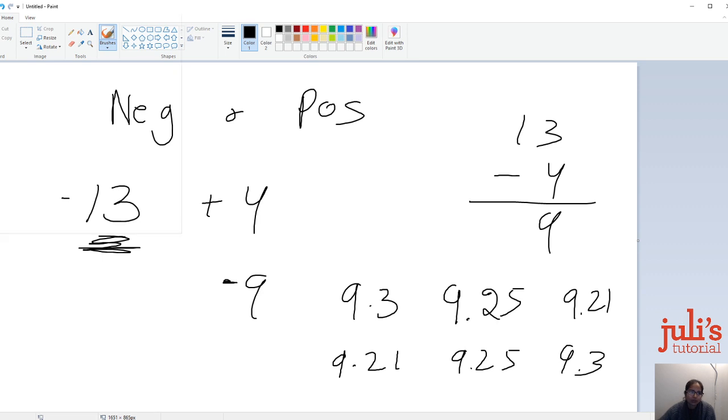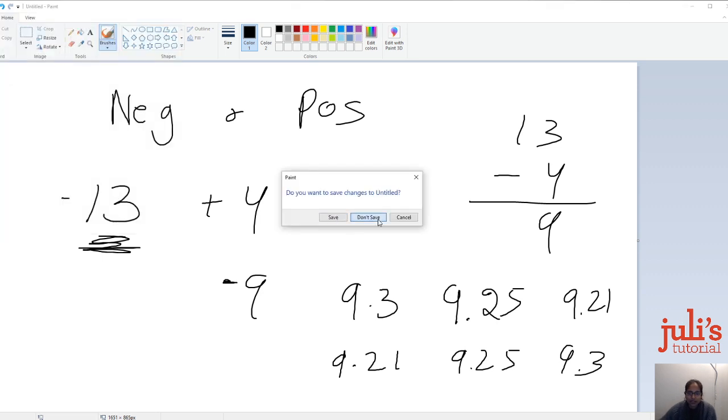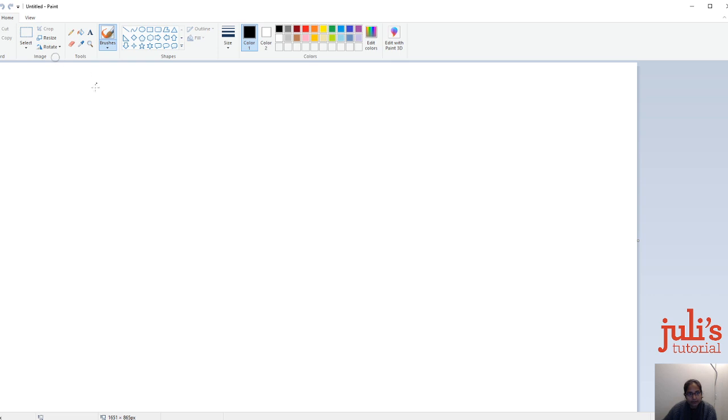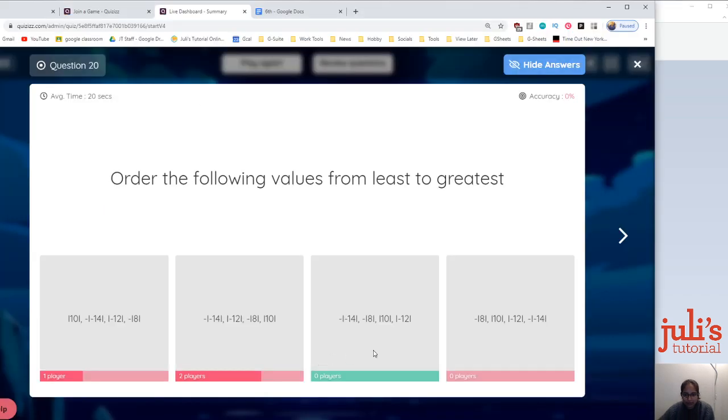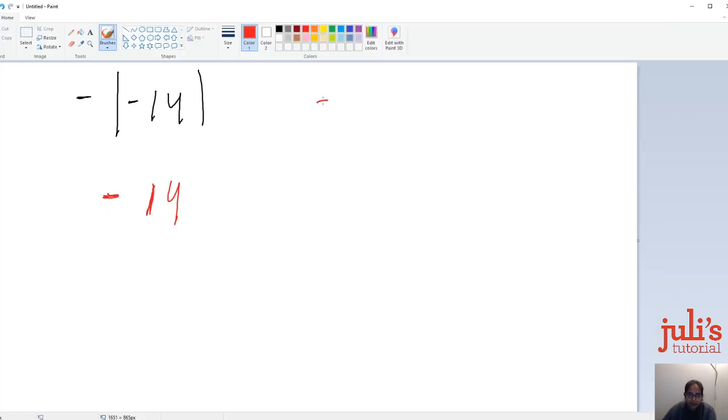So that's why it was this. So we have negative and then negative 14. Because of the absolute value, it's going to be regular 14, but because of the negative in front of it, it's going to be negative. And then we have negative, and then the absolute value of 8.